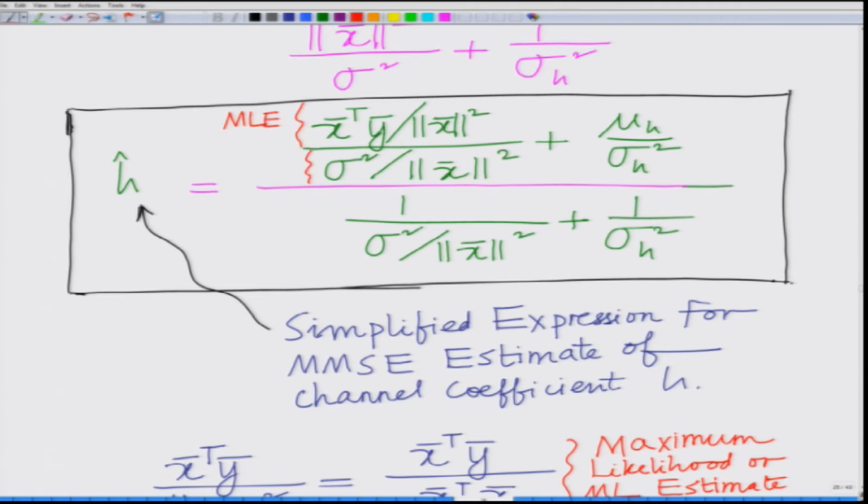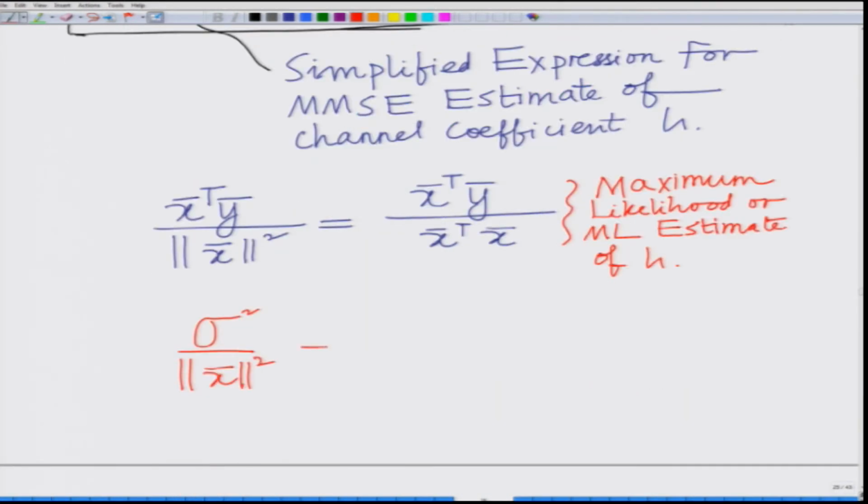This quantity, sigma square divided by norm x bar square, is the variance of the MLE. This quantity is the variance of the maximum likelihood estimate.